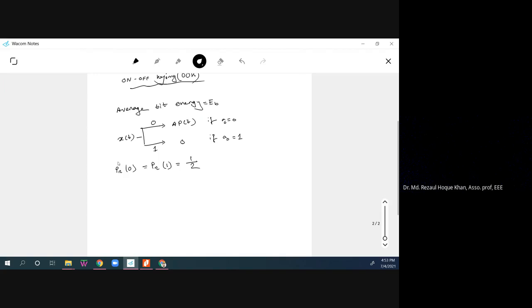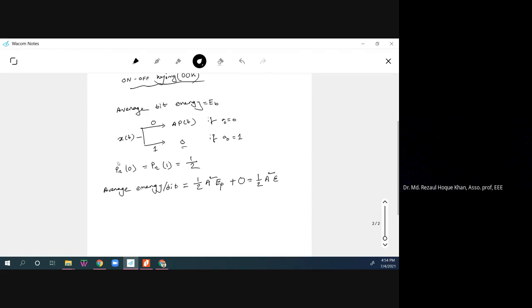So what is the average energy per bit? If I'm deriving the same equation the same way that we did for the BPSK case, now it's the ASK case. So average energy per bit is what? Previously we did half a square EP, plus 0, because the other one for this case is nothing, so this will be half.